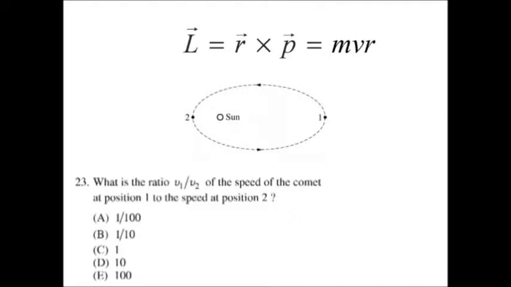More on this in the rotations unit, but the angular momentum, mvr, is conserved throughout the entire orbit. That means when your r is small, your velocity is bigger, and when r is bigger, your velocity is smaller. You might recognize this as Kepler's second law. And looking at the equation, 1 to 10, that's the ratio of the speed at position 1 to the speed at position 2.